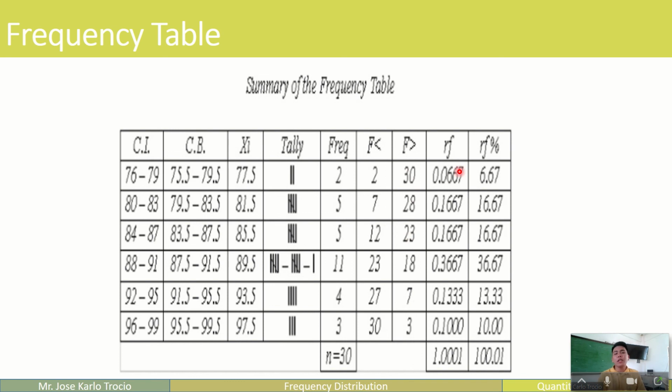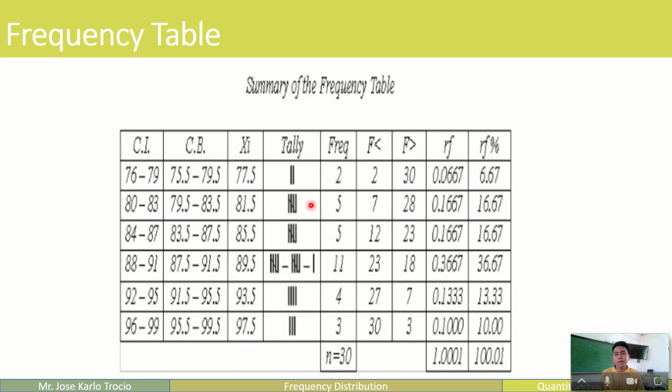And then we have here the relative frequency. This is important, as well as the relative frequency percentage, so that you will know the percentage of a certain class interval. So how to find the relative frequency? You are just going to simply divide the frequency by the total number of observations or frequency, which is 30.